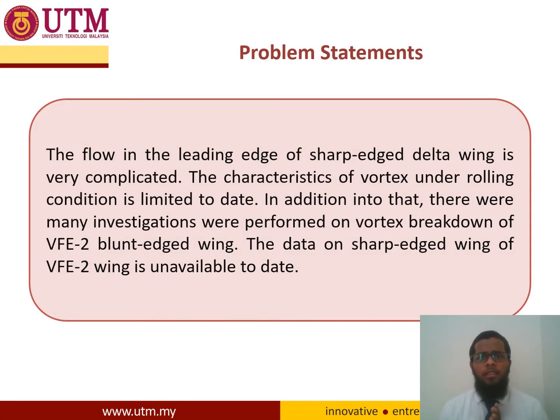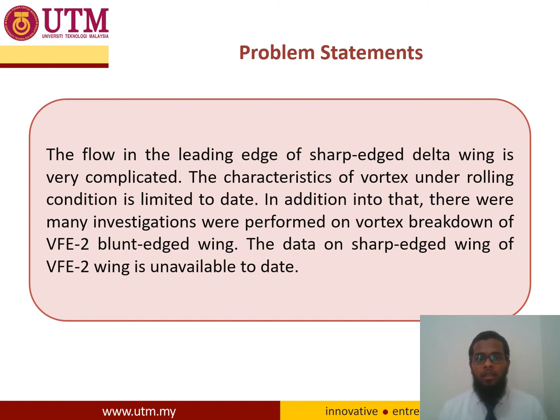As you can see, the problem statement is that the flow at the leading edge of the sharp edge delta wing with the VFE configuration is not calculated in any of the papers, and the flow is very complicated.